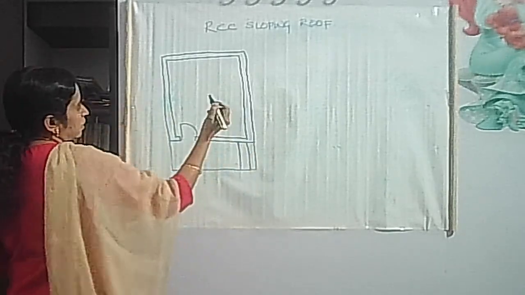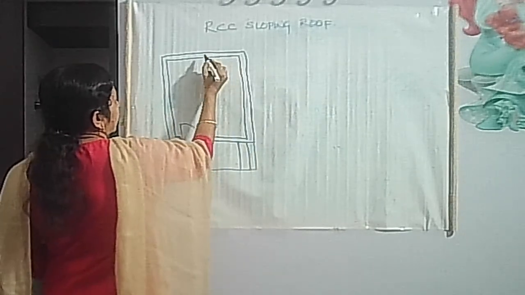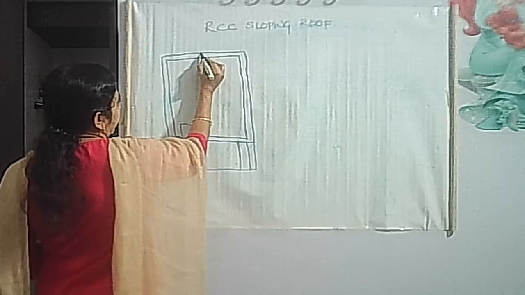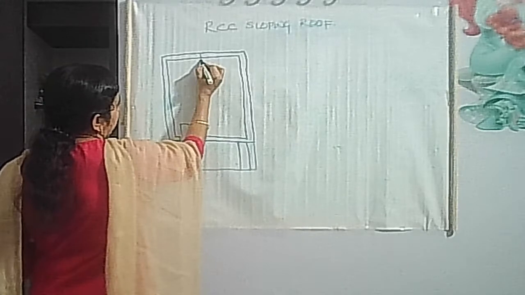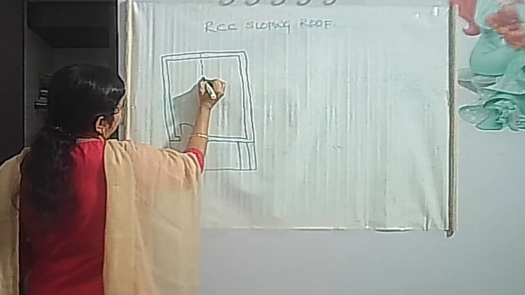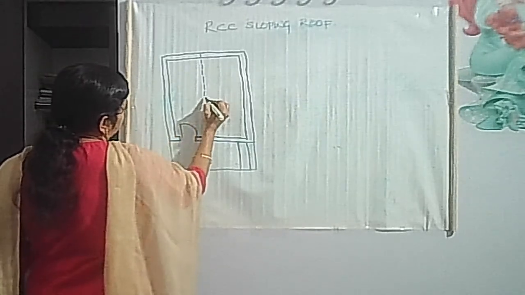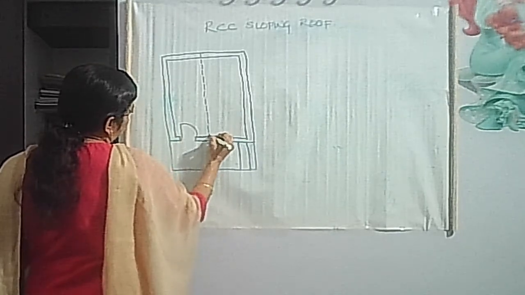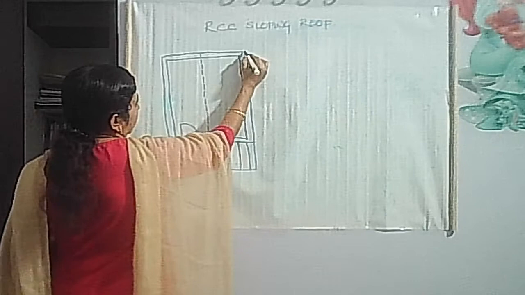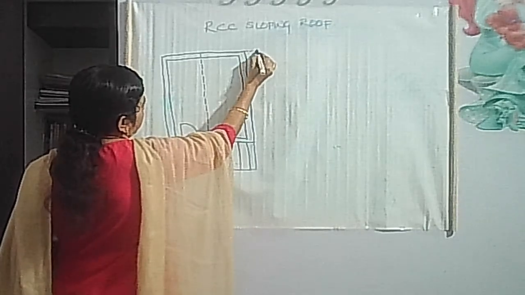I am drawing the roof here. Our ridge comes at the center, the ridge of the double sided roof. And we are just taking the eaves projection.